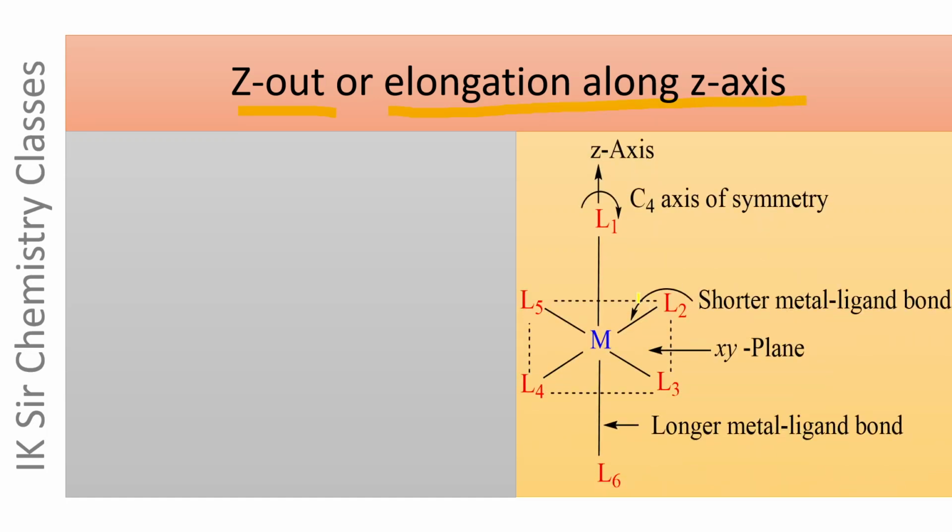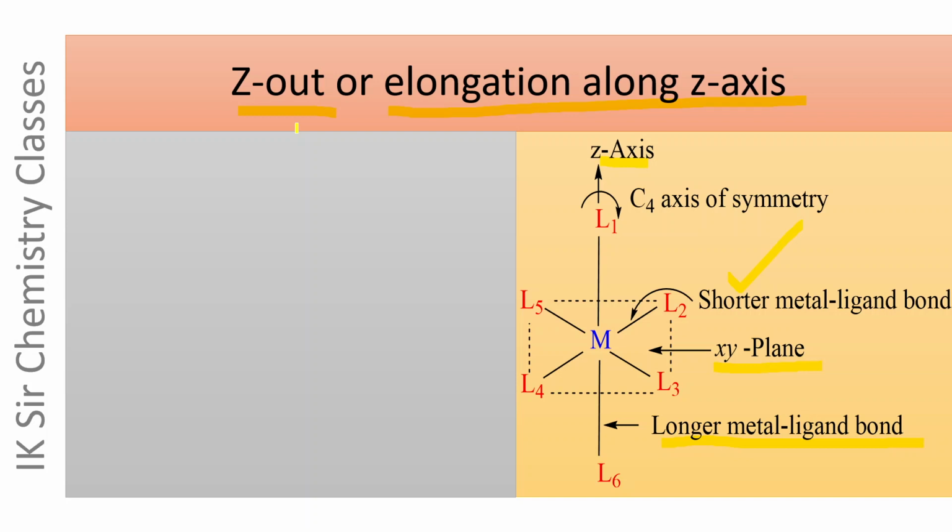It is an octahedral complex in which two bonds along the Z axis, ML1 and ML6, are longer metal ligand bonds, while the four bonds which are situated on the xy plane are shorter. Such distorted octahedral complexes are called Jahn-out distorted octahedral complexes.